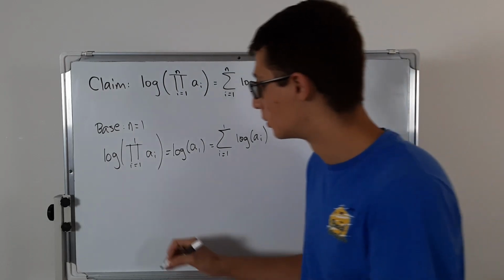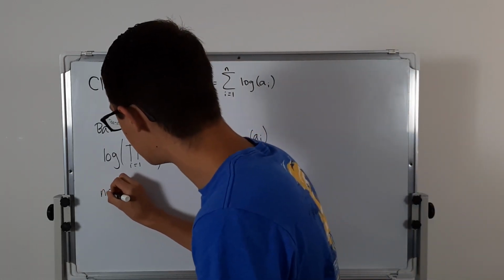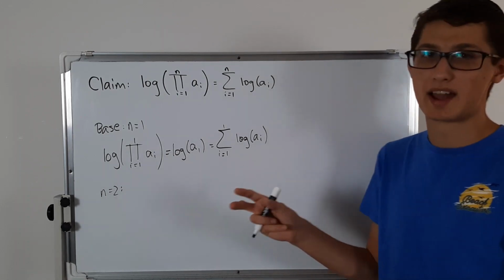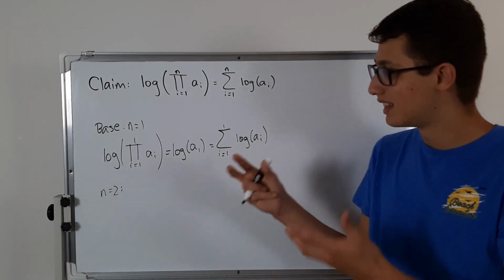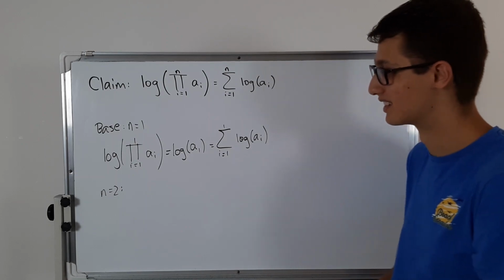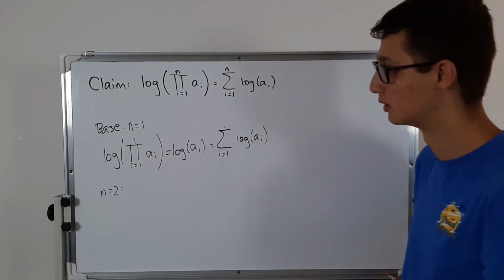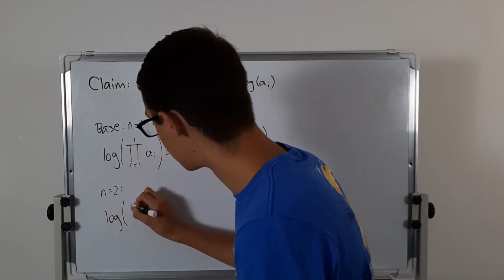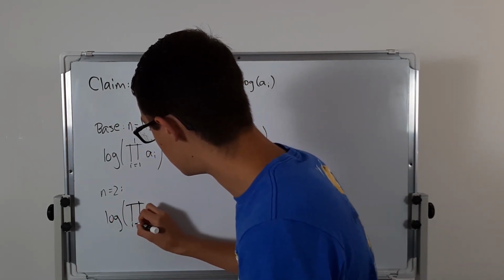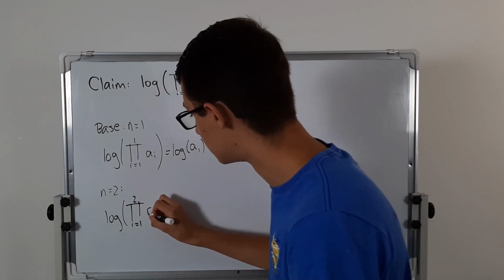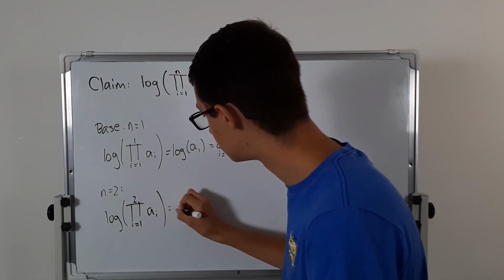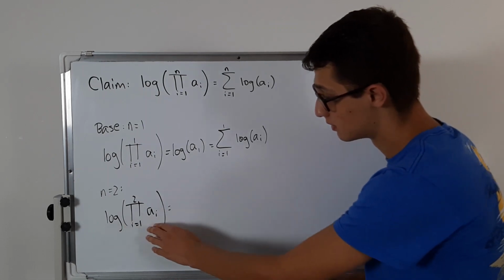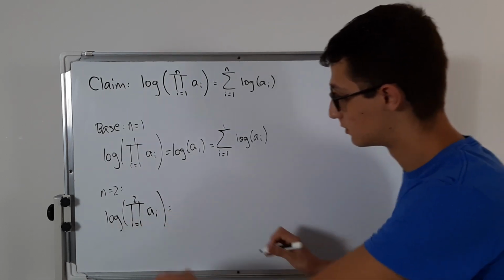I also want to show n equals 2, because that base case might be a little too trivial. I know generally we have trivial base cases, but that might be a little too much. So let's look at n equals 2. We have log of the product from 1 to 2 of a sub i, so we're multiplying two things: the log of a sub 1 times a sub 2.